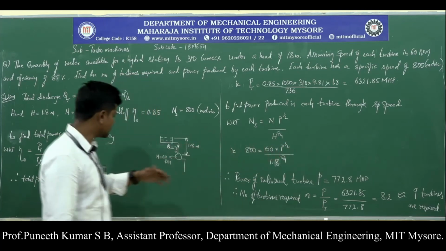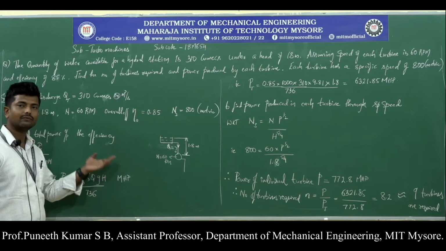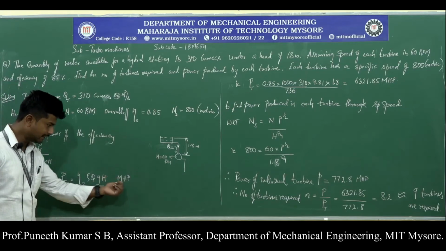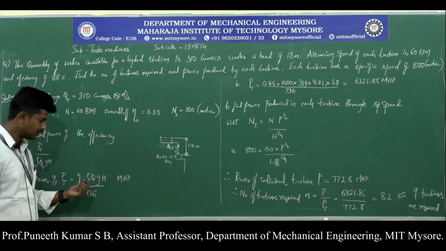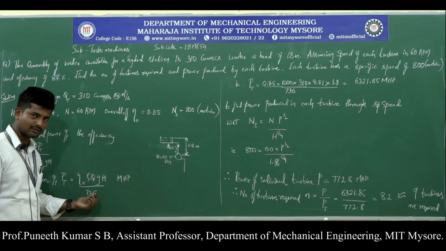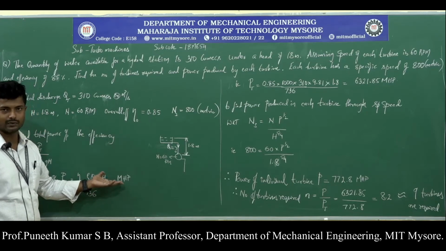So while calculating the total power, I should make sure I find it in metric horsepower. To get it in metric horsepower, I just need to divide it by 736, so that it automatically gets converted into metric horsepower.